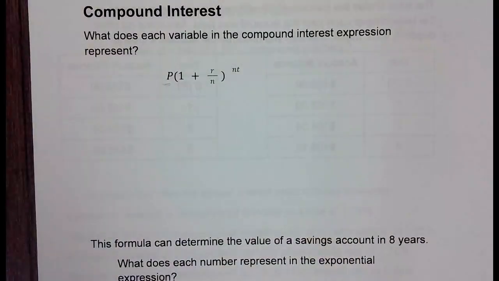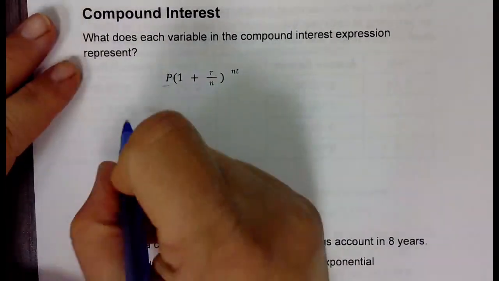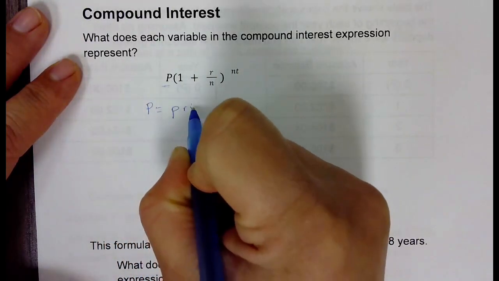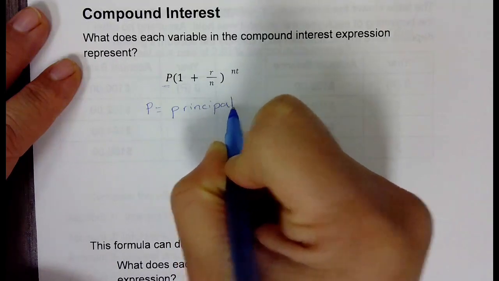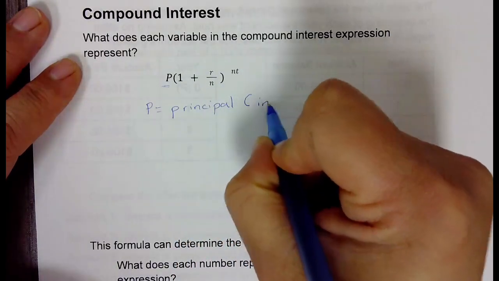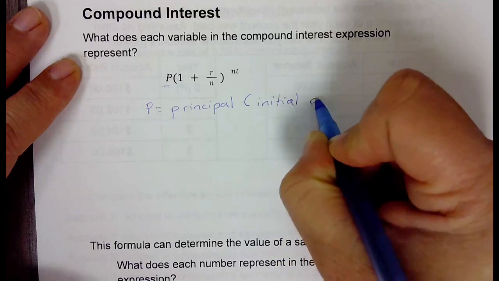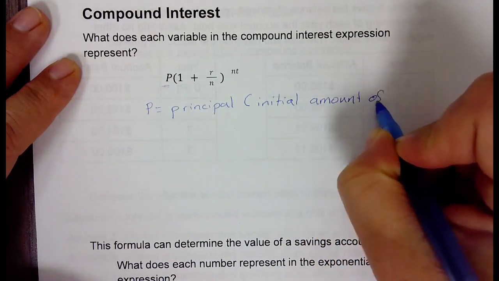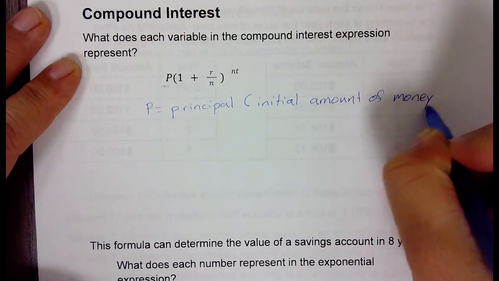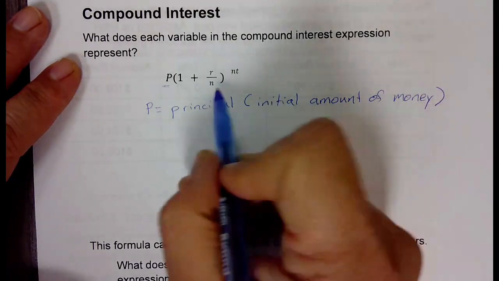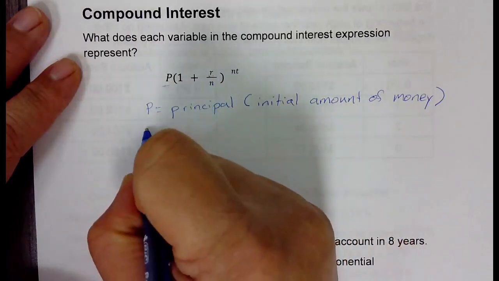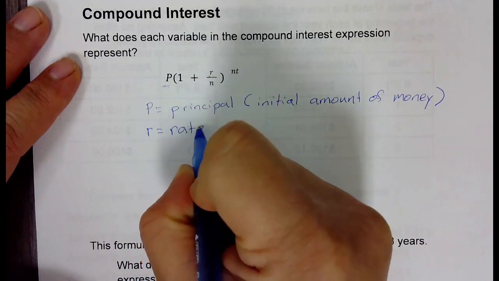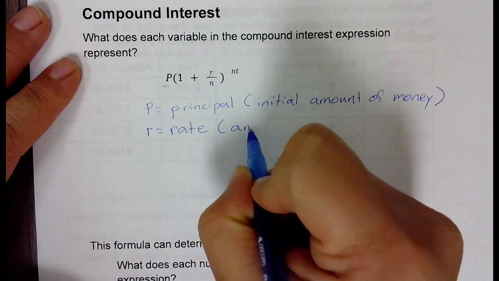P, we talked about that, that's the amount that we started with, and it has that special name of principal. Principal, that's the initial amount of money. The next variable I have is R. R tells me the rate, or the annual interest rate.